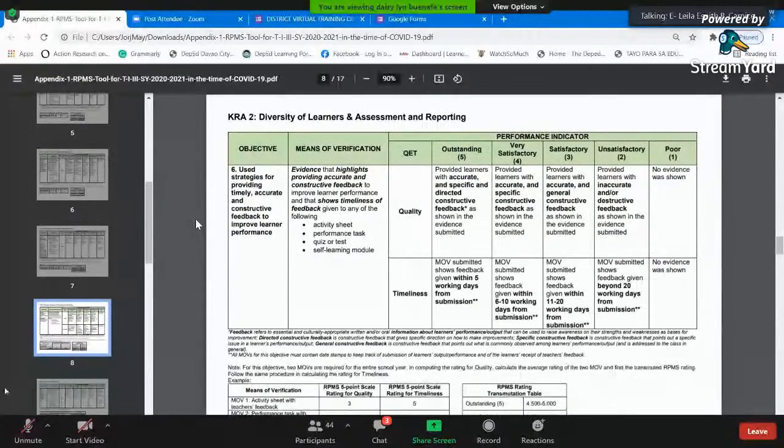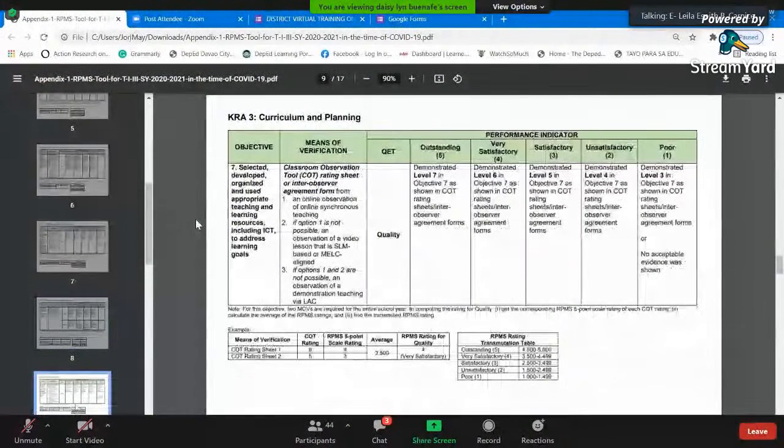So 5 ang imuhang timeliness, 3.5 lang ang imuhang quality. So mao lang ni ang objective nga nag-require og timeliness. Okay, that's it. So let us go now to the KRA number 3, which is curriculum and planning na.